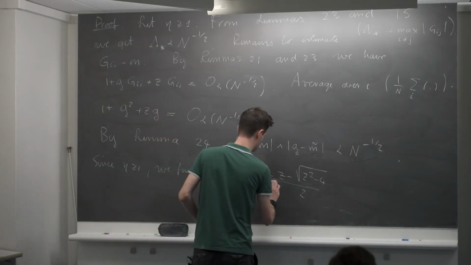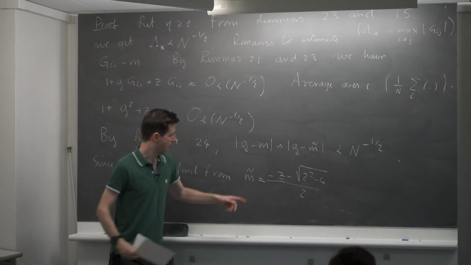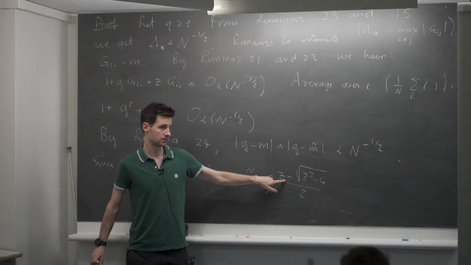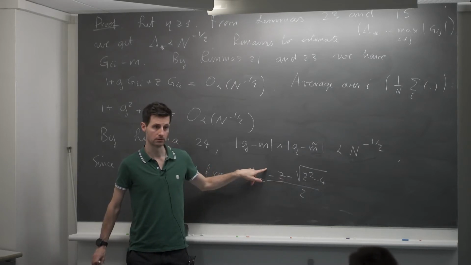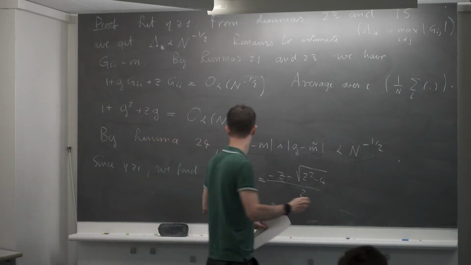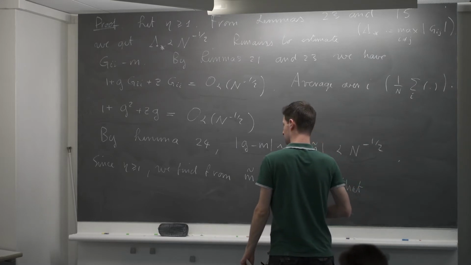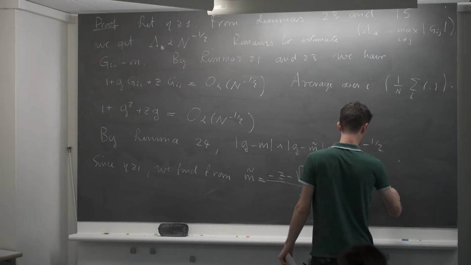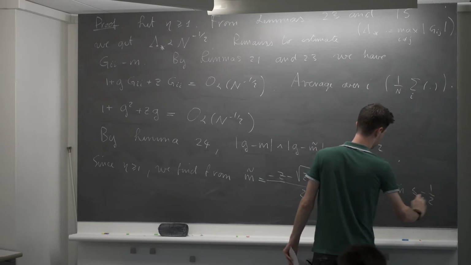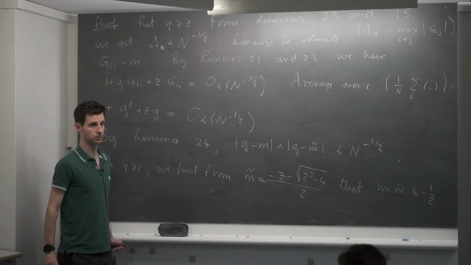Minus z, yes, minus z. Now this number has imaginary part minus 1, and this has a negative imaginary part. So the imaginary part of m tilde is for sure less than or equal to minus 1/2.